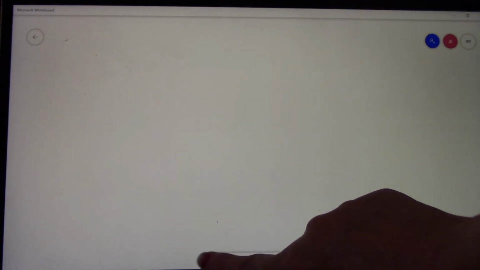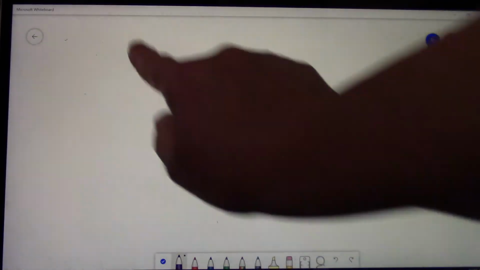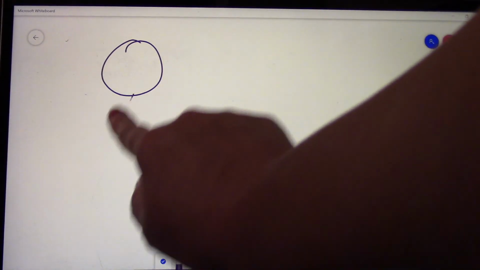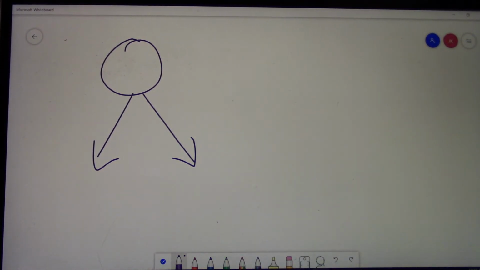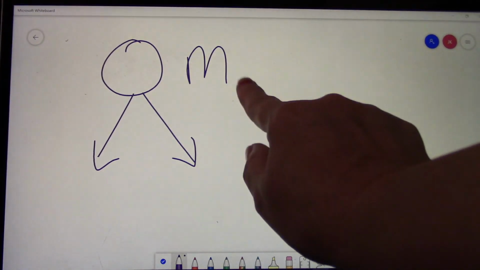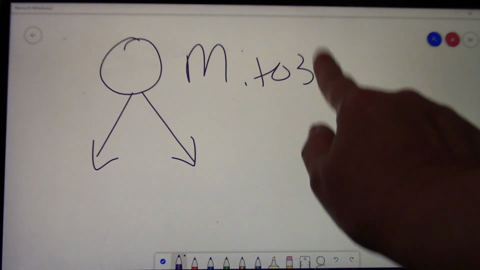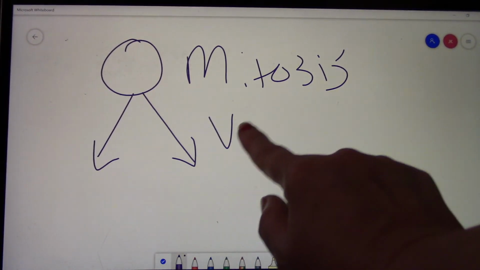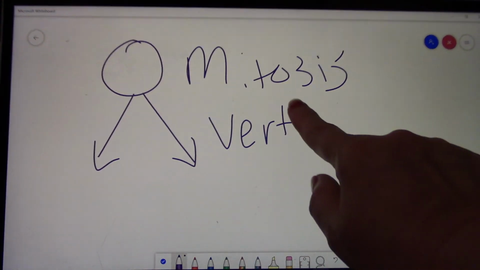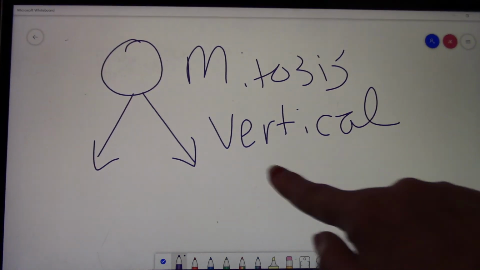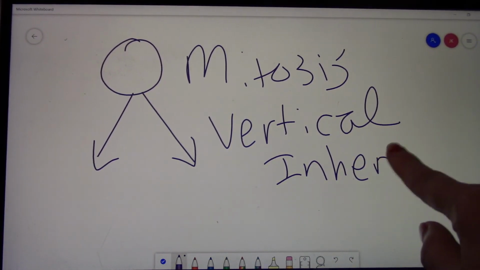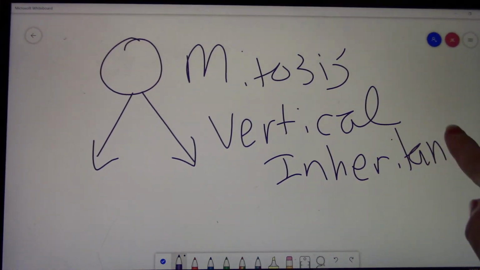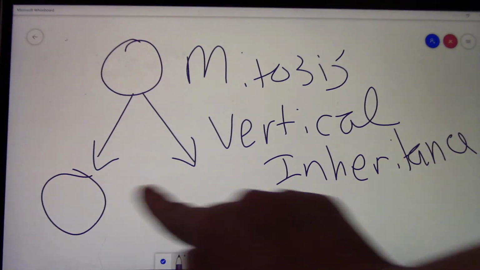Oh dear, I gotta get a pen. Vertical transfer is what we've been studying before, where we've got things like binary fission and things like mitosis, is where we have vertical transfer or inheritance of DNA into the daughter cells.